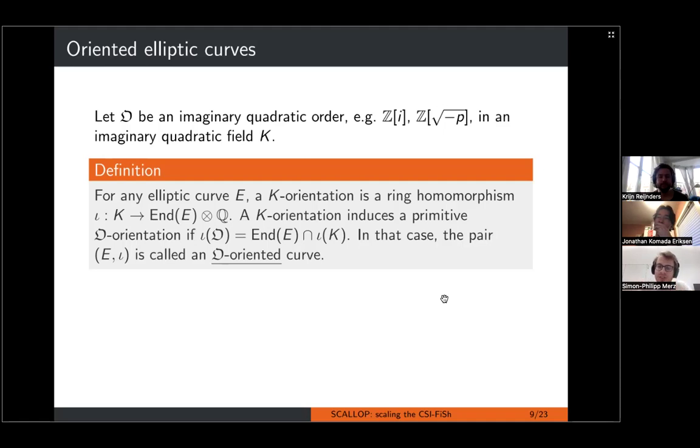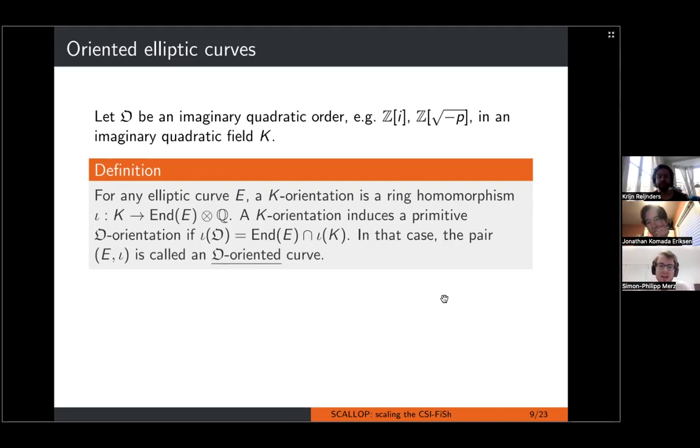And for this talk, we actually only care about orientations by an imaginary quadratic order. Also only what's called primitive ones in the literature, but I might just drop this primitive every now and then.